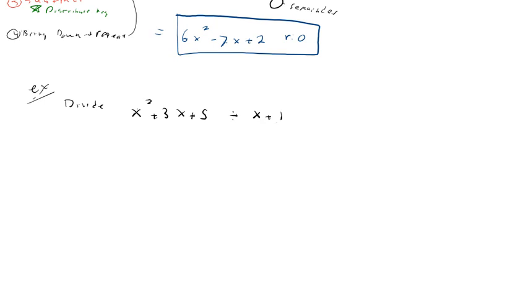Here's what I want to divide, right? So I'm going to set up my long division. X plus 1 on the outside divided by x squared plus 3x plus 5. Set up your long division.